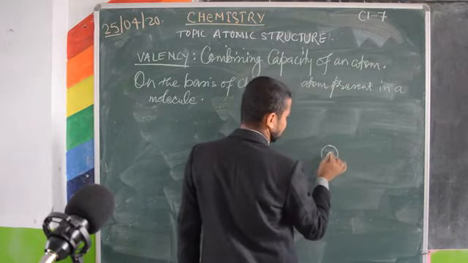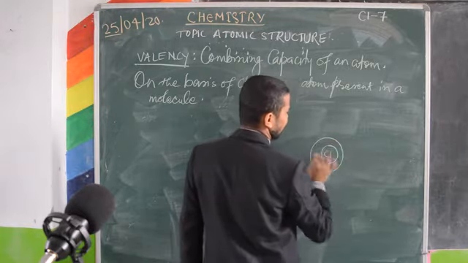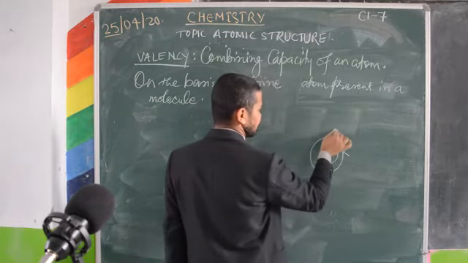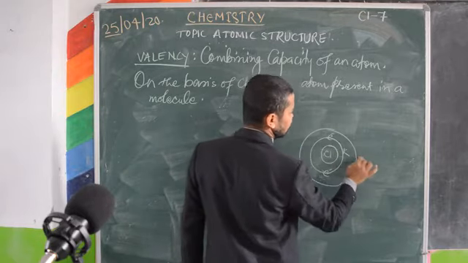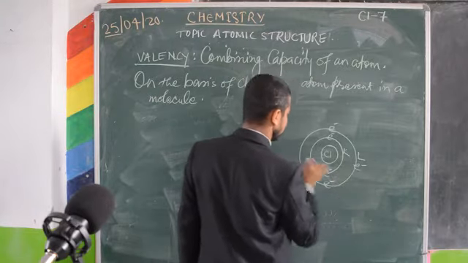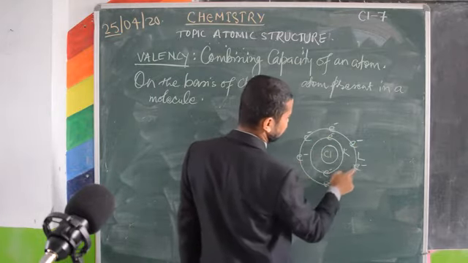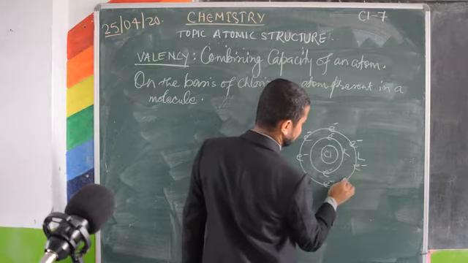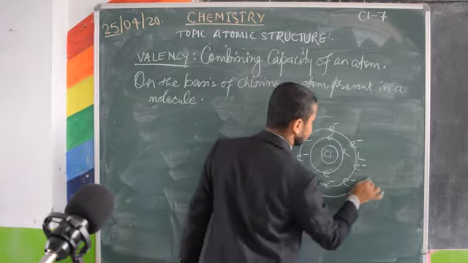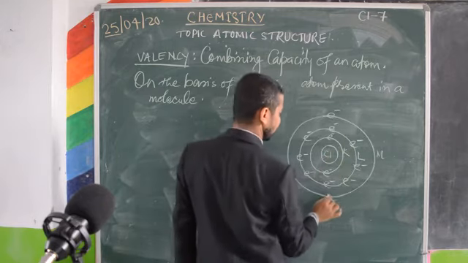So this is the atomic structure of chlorine, Cl. In the first shell, which we call the K shell, it has 2 electrons. The second shell, we say the L shell, has 8 electrons: 1, 2, 3, 4, 5, 6, 7, 8. And in the M shell it has 7 electrons.